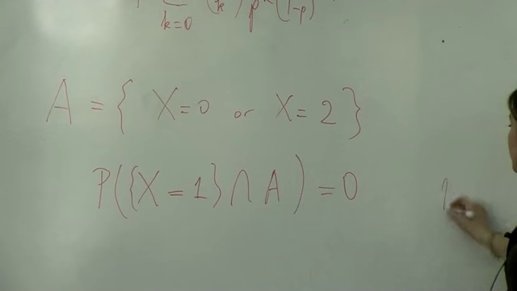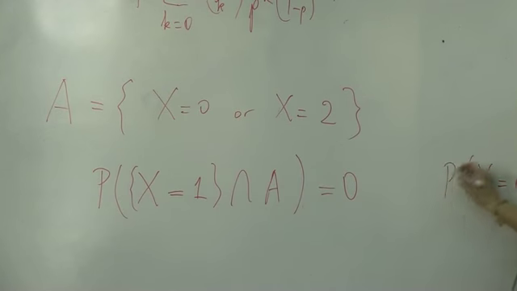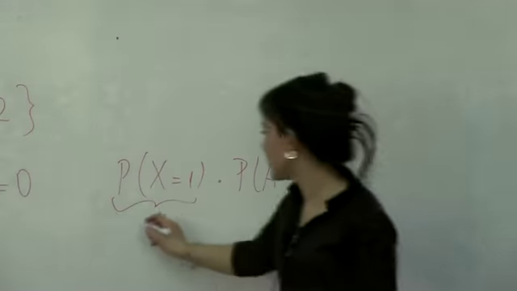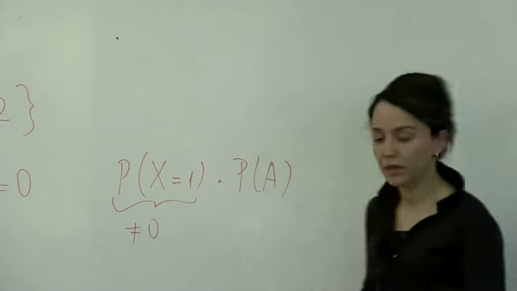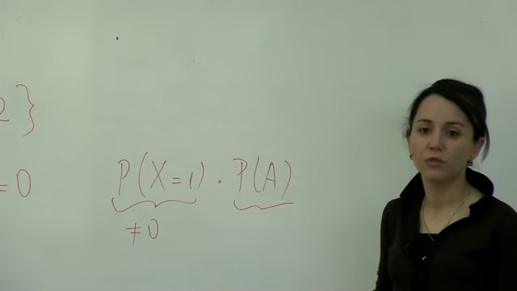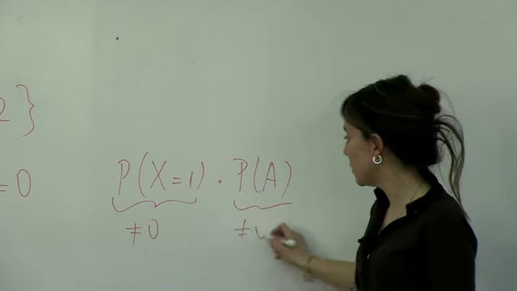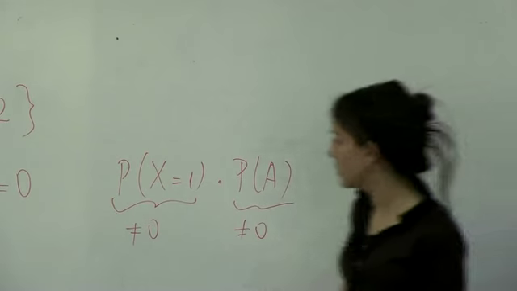Is this equal to the probability that X is 1 times the probability of A? The probability that X is 1, we know that it's not 0. The probability of A, we know that it's not 0. So the product is not 0.